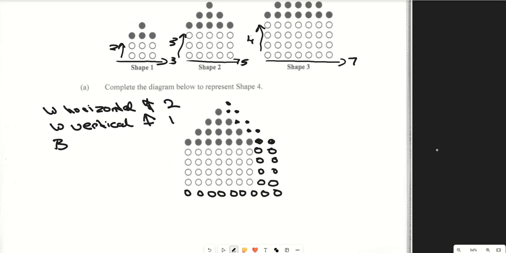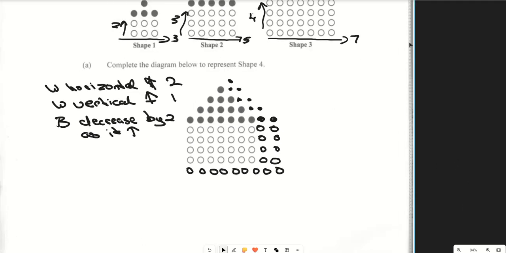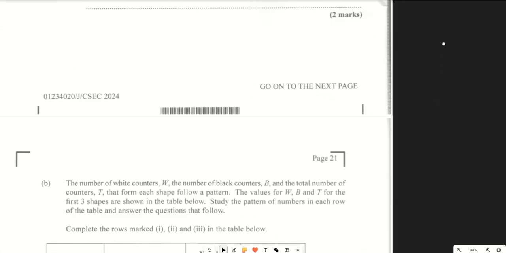The black, we can see that it decreases, or if you're looking at it going upwards, it decreases by 2. If you count from the last one, you can see that it decreases by 2 as it goes up. That's how I could probably teach you, but from this you could recognize the pattern. And that here is 2 marks.